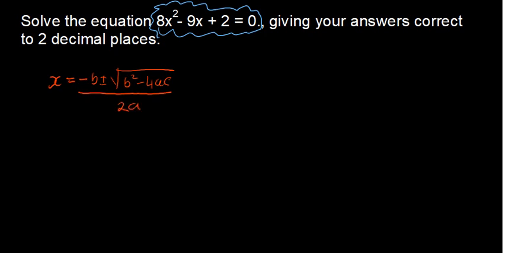Now this is actually very straightforward. It's just a matter of recognizing which one is your a, which one is your b, and which one is your c. Here we observe that a is equals to 8, b is equals to negative 9, and c is equals to positive 2.